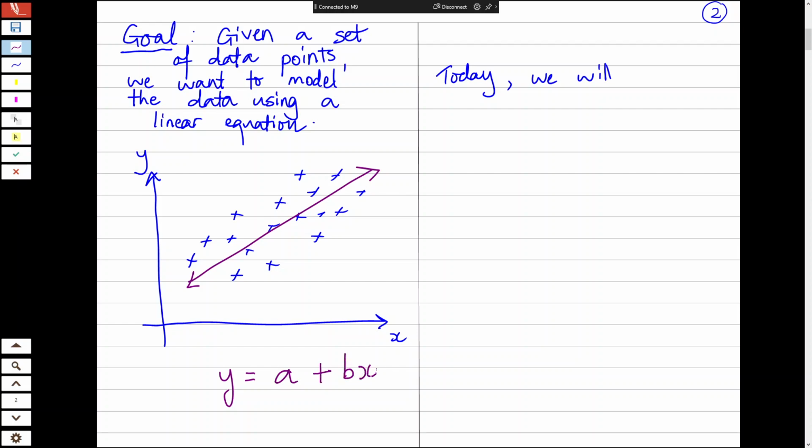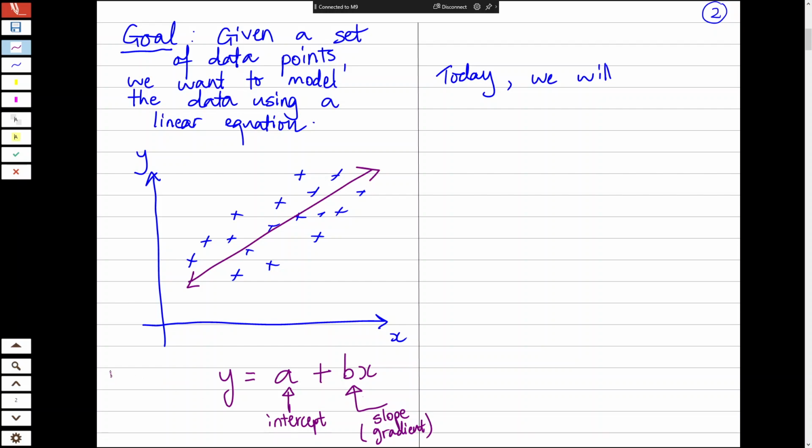So right now, I'm not entirely sure how I'm going to do this, but I've set this as the goal. I want one equation with an intercept, which we call a in this class, and a slope. Previously, you might have called this the gradient.